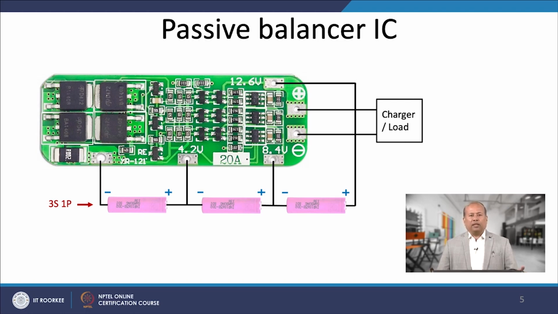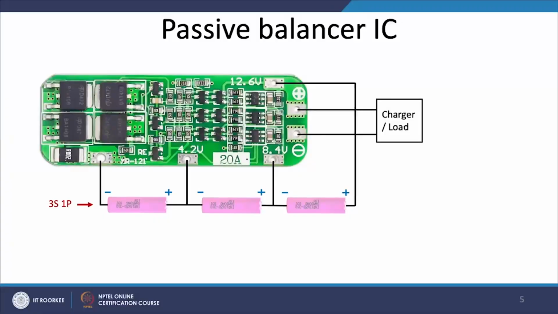The passive balancer IC has specifications of 3S, 20 ampere and 12.6 volt maximum; it can handle 20 ampere of current and has protection for short circuit, overload, discharge and overcharge, which provide safety and protection for the lithium ion batteries.